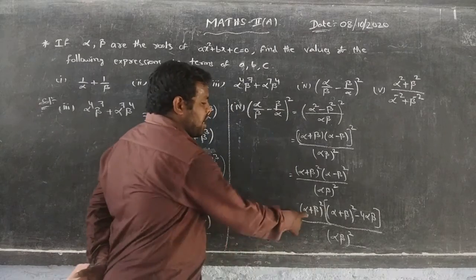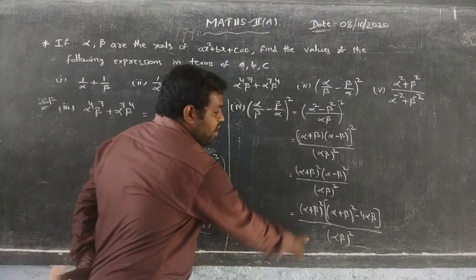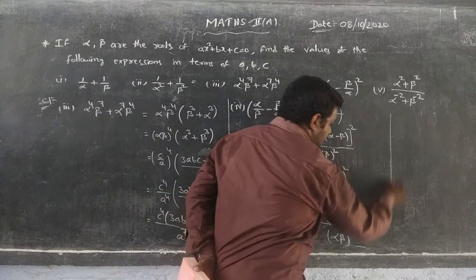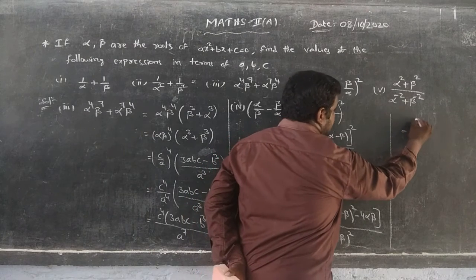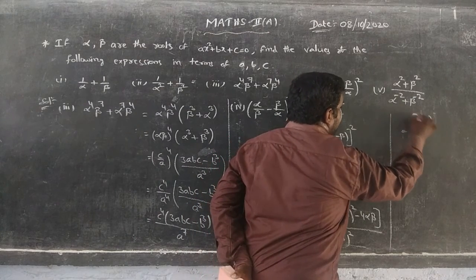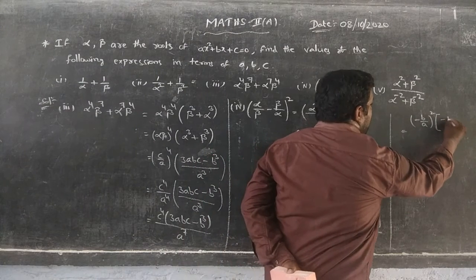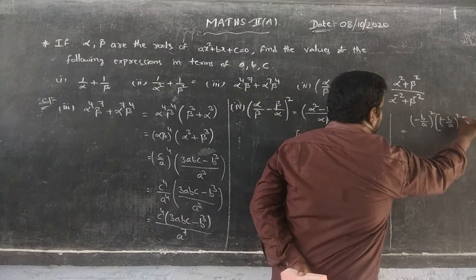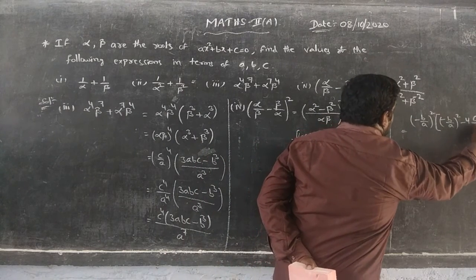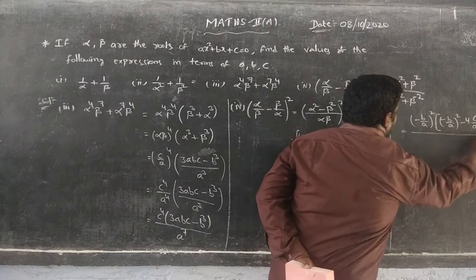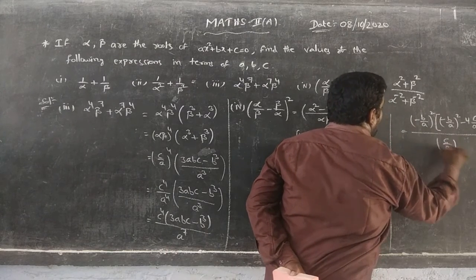Now we can substitute the alpha plus beta and alpha into beta values. What is alpha plus beta? Minus b by a whole square into minus b by a whole square minus 4 into c by a, by c by a whole square.